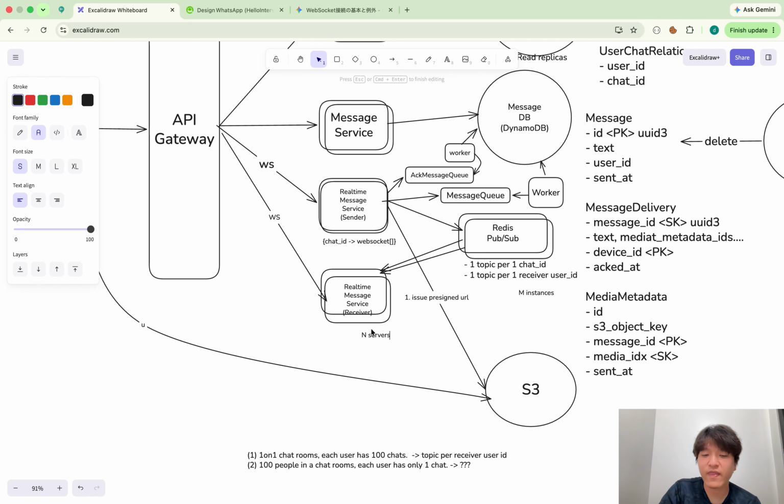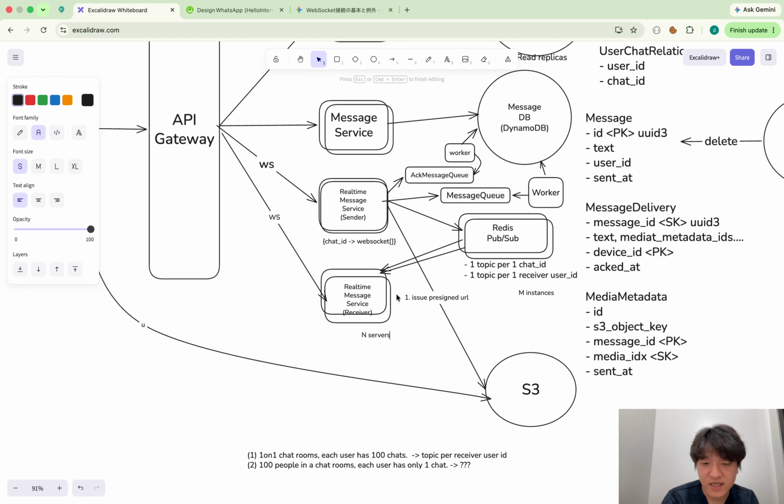In this case, the number of connections is n times m. This means that if there are multiple processes which subscribe to different topics in the same Redis instance, they use the same connection. So there are only n times m connections.